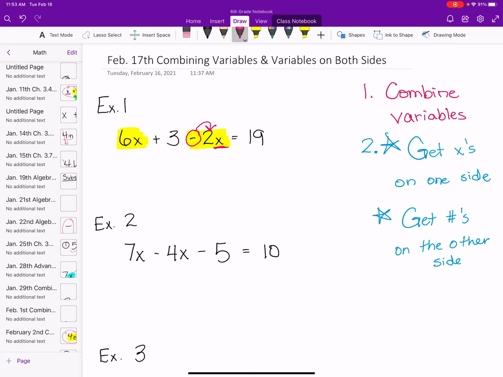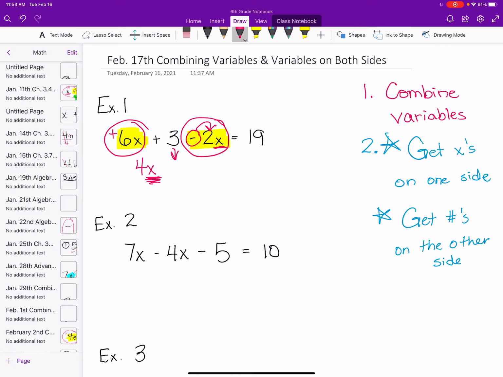So you're keeping the sign with your variable and number. So this is like a positive 6x, and this is a negative 2x. So 6 minus 2x gets us 4x. 6 minus 2 is 4. Do not forget to keep your x with it.